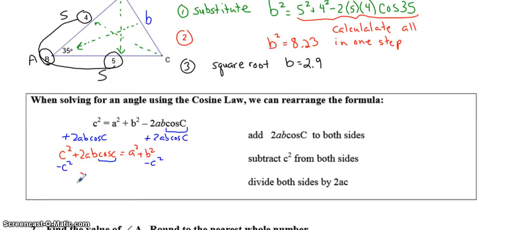So that will give you 2ab cos C equals a squared plus b squared minus c squared. The last thing to do to isolate cos C is to divide both sides by 2ab.